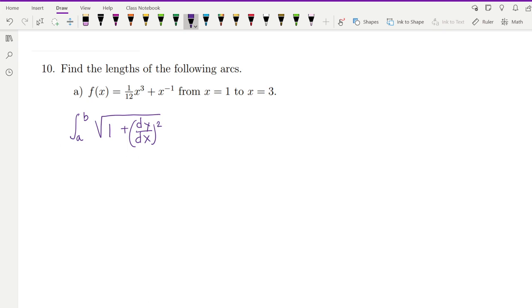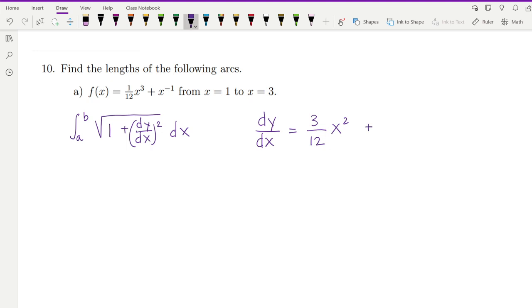squared dx. So really what we need to do is figure out the derivative of this function, dy dx, or we could call it f prime of x, and then just plug that into this integral. So dy dx in this case, or f prime of x, would be equal to, so we just need to take the derivative, right? So we bring down the 3, and so we have 3 over 12 times x squared, which we can simplify.